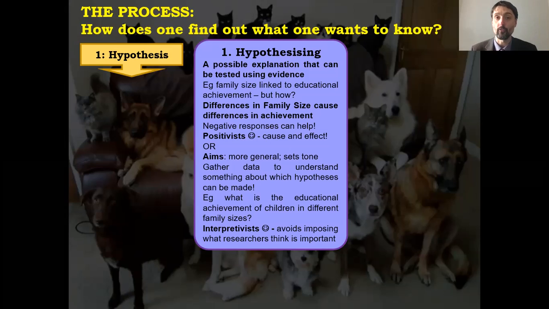So a negative response, a study that proves there isn't a link in the hypothesis, is actually quite a powerful thing. Now, if you're a positivist, and you may remember me using this term earlier, don't worry, you don't have to remember it too much, but it's worth knowing. If you're a positivist, this is great. They go, yeah, absolutely. We're all about trying to find out general rules of societal cause and effect. We are essentially engaging in a science when we undertake sociology.